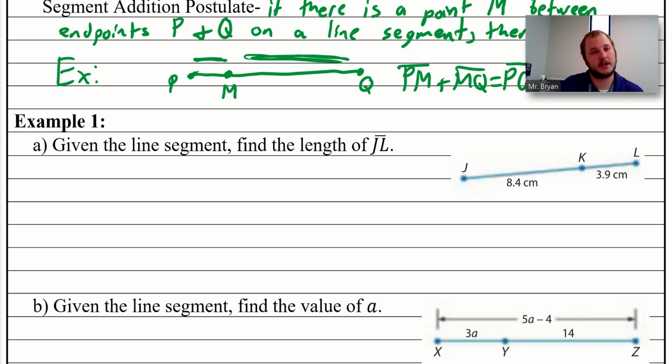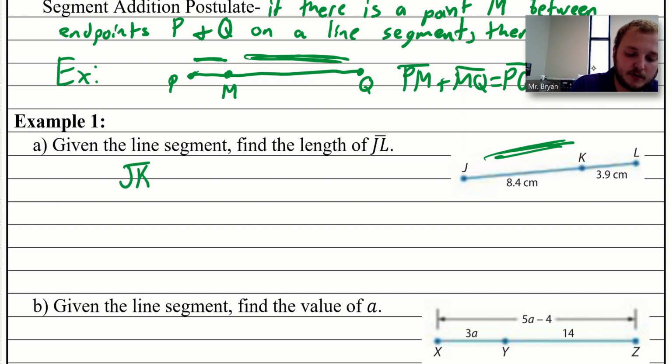Well, it's just like the one we just talked about with the segment addition postulate. So I'm going to take the part plus the part. So I see this is line segment JK here. So just using the names at first, for this first one I would say length of JK plus the length of the other part, KL, is always going to equal the length of the whole thing, which in this case would be length JL.